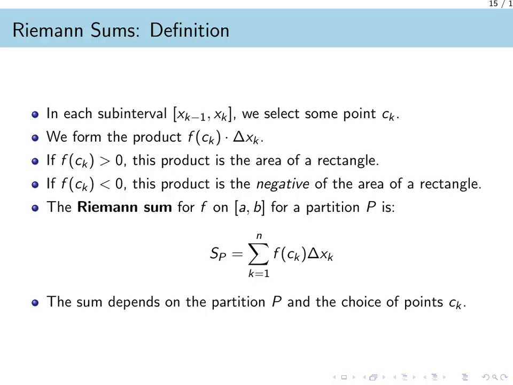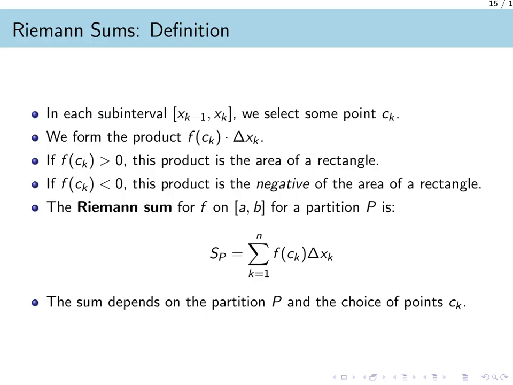Next, we calculate the product of the function's value at that point, f of c sub k, and the width of the subinterval, delta x sub k. This product gives us the signed area of a single rectangle. The area is positive if the rectangle is above the x-axis and negative if it is below. Finally, we add up these signed areas for all the rectangles from k equals 1 to n.